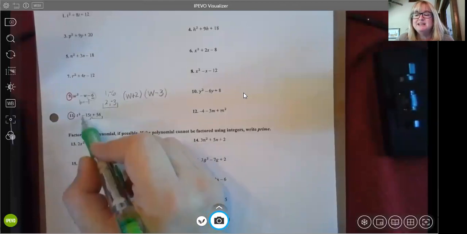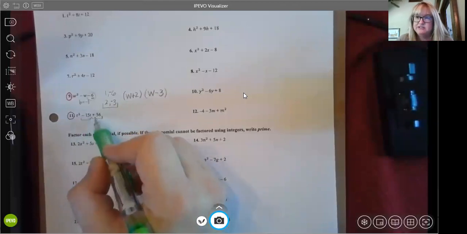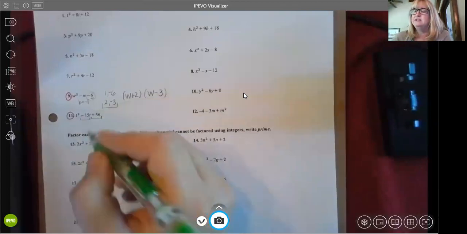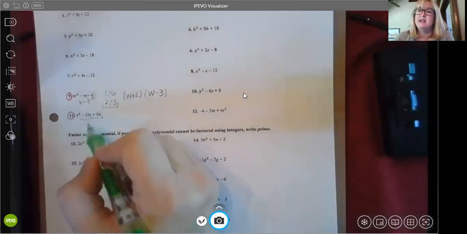Because B is negative, we know that it has to be 2 negative factors. It has to be. So they both have to be negative, so when I multiply them together, I get a positive. But when I combine them, I get a negative B.